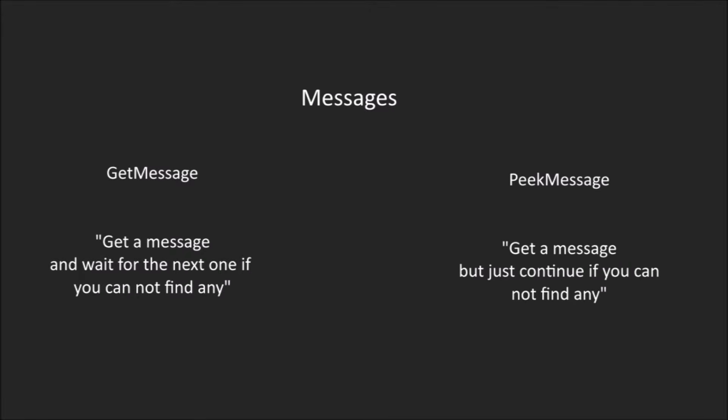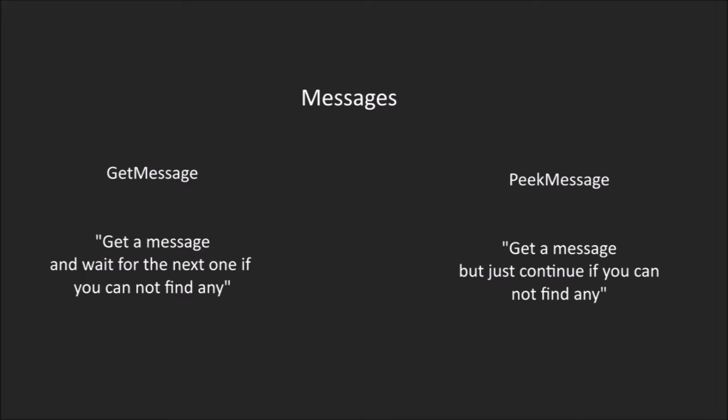As I mentioned earlier, window creation comes in two parts, both the creation and the handling of events. And events are handled using something called messages. The messages are sent when an event occurs, and we can get the events by using two different methods. There's the getMessage function and the peekMessage function.